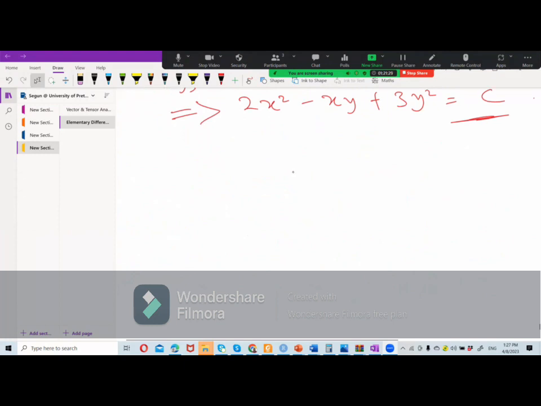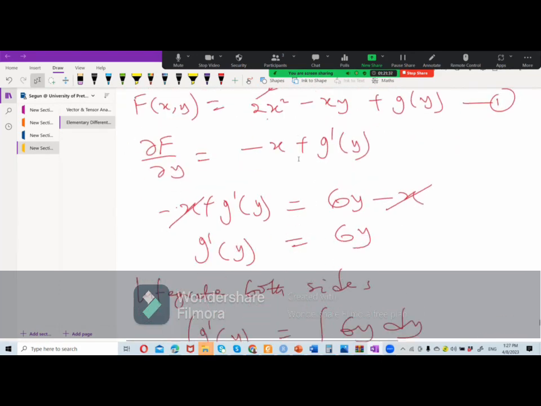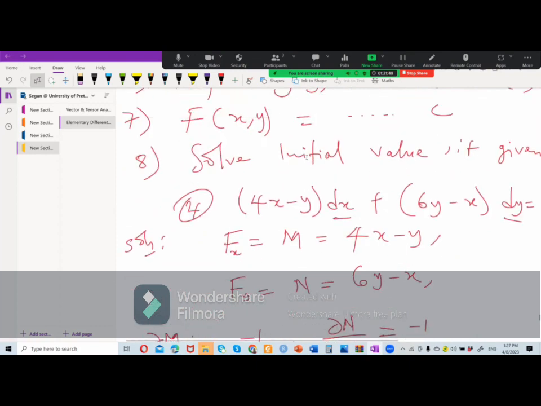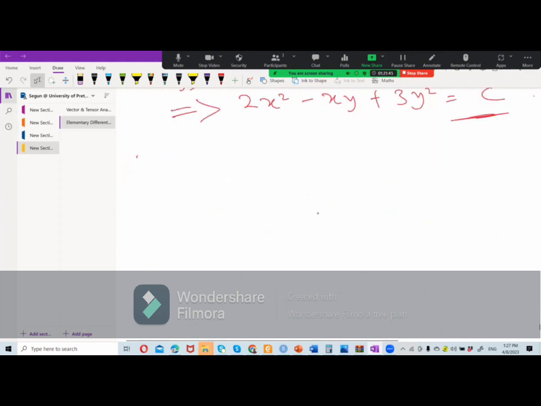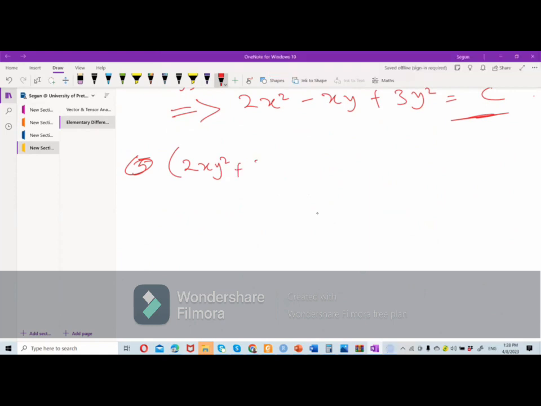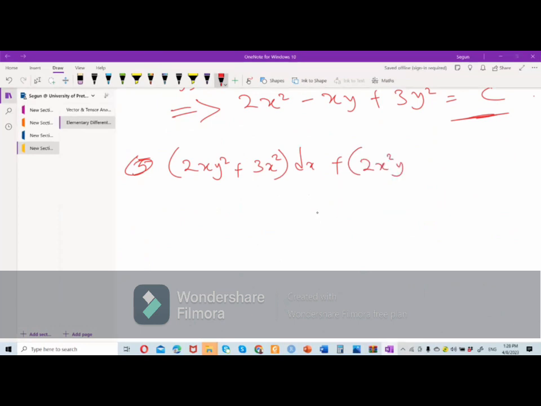Okay, let's look at another question. The last one we solve is number what? 4. Let's look at number 5. Number 5, you have 2xy squared plus 3x squared dx plus 2x squared y plus 4y cubed dy equals to 0.